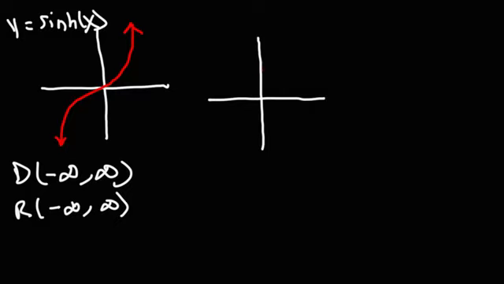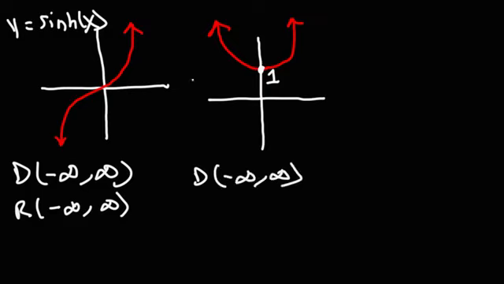Next, we have hyperbolic cosine. It looks like an upward parabola, and it starts at a y value of 1. So the domain is going to be all real numbers. x could be anything. If you analyze it from left to right, it goes from negative infinity to the left, positive infinity to the right. Now the range of hyperbolic cosine is limited. The lowest y value is 1, the highest y value is infinity. So it goes from 1 to infinity.